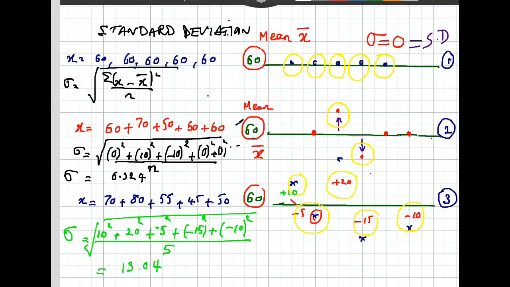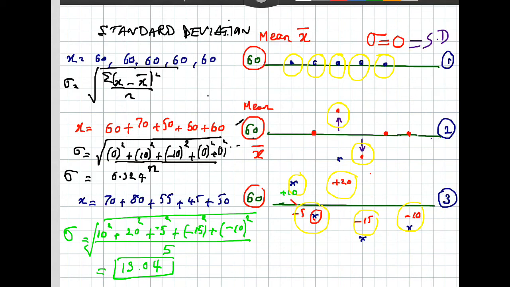You can see the standard deviation here is much bigger than the previous one, and this is a measure of scatter. So this is a handy measure. Using this formula can give us a feel of the scatter. We don't have to draw all these diagrams to have a feel of the scatter.